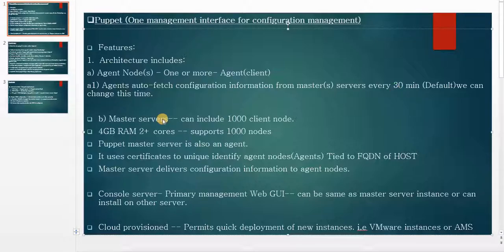Okay, so after that we have something called the Puppet Master Server, and it can include 1000 client nodes. So one Puppet Master can manage 1000 nodes. This is what it says. It depends how many servers you want to manage from one Puppet Master, but it can include up to 1000 nodes.